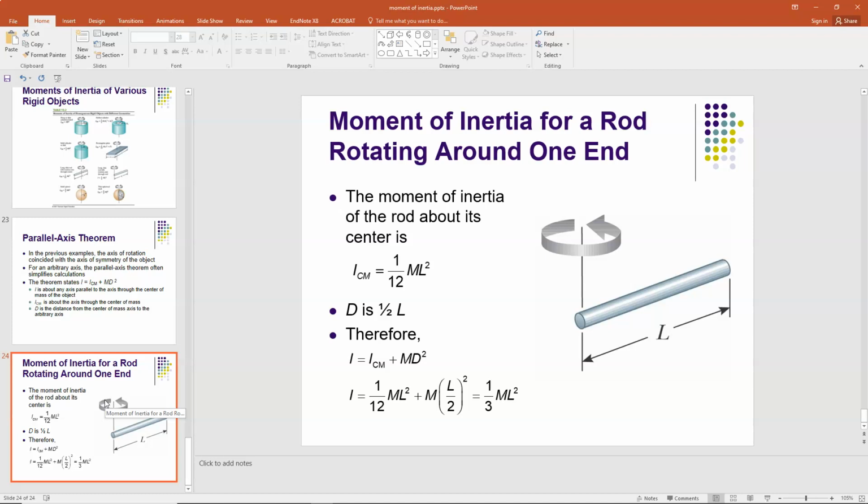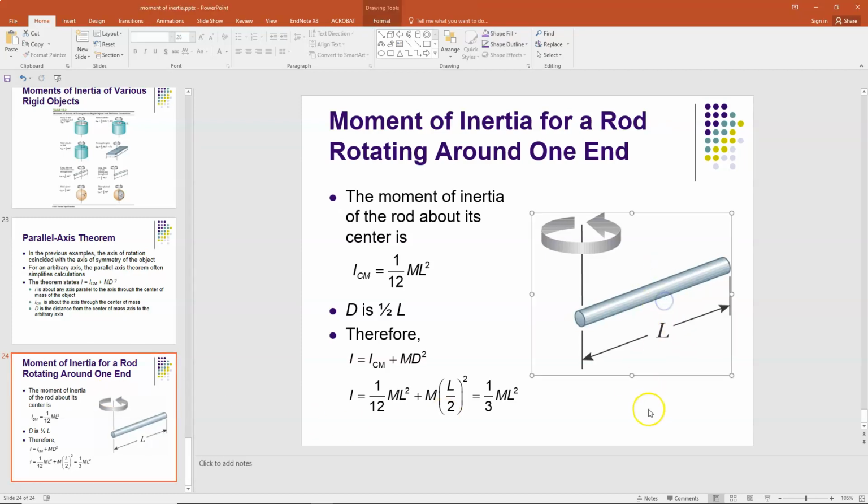Let's take that rod that we had before. Remember that in the previous lecture, we found that the moment of inertia for a rod rotating about its center is 1/12 m L squared. Okay? Now, let's say that instead of rotating about its center right here, we moved it over to the edge so that the new rotation axis is shown and indicated here. That would mean that d would be the distance from the old axis, the center of mass axis, to this new weird axis.